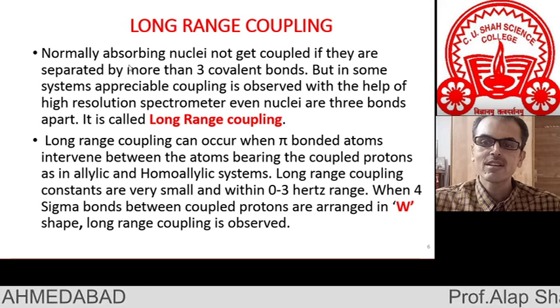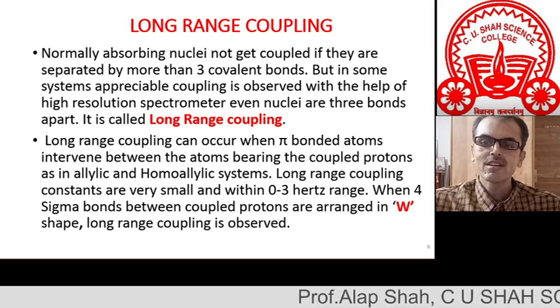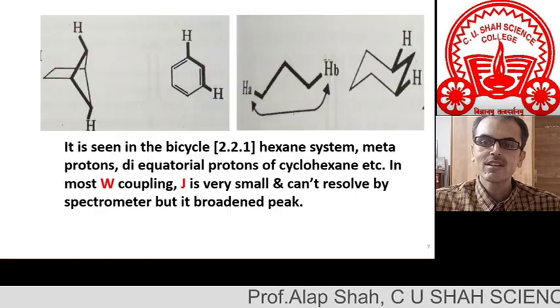Now one very interesting case is that sometimes two coupled protons, even if they are separated by 4 covalent bonds, show long range coupling if the protons are arranged in the shape of the alphabet W. Now in the next slide we will check the example, because it is a very interesting case.